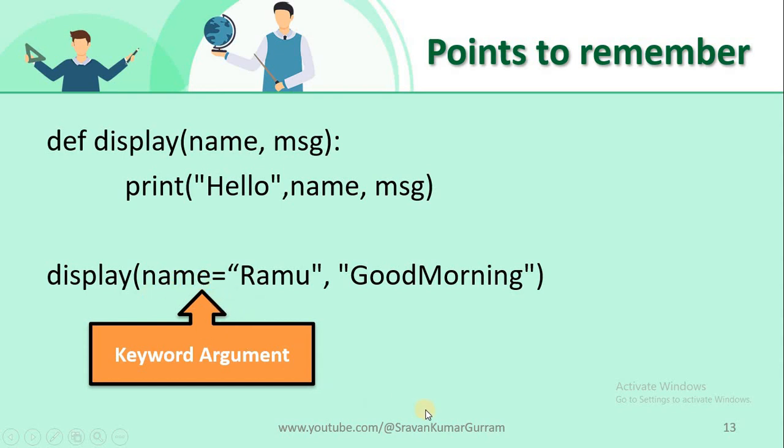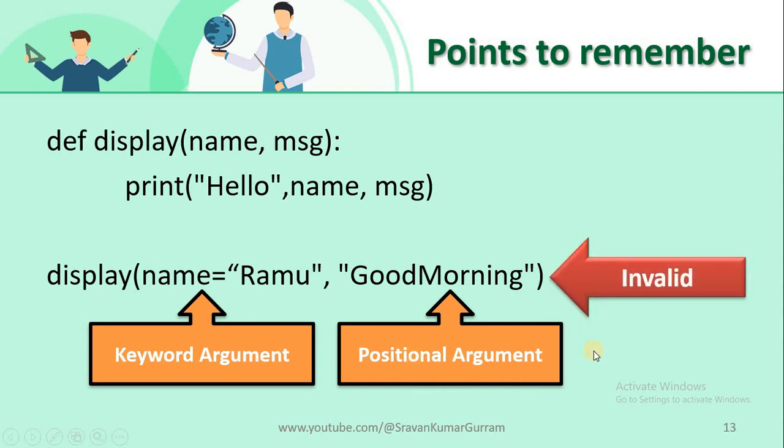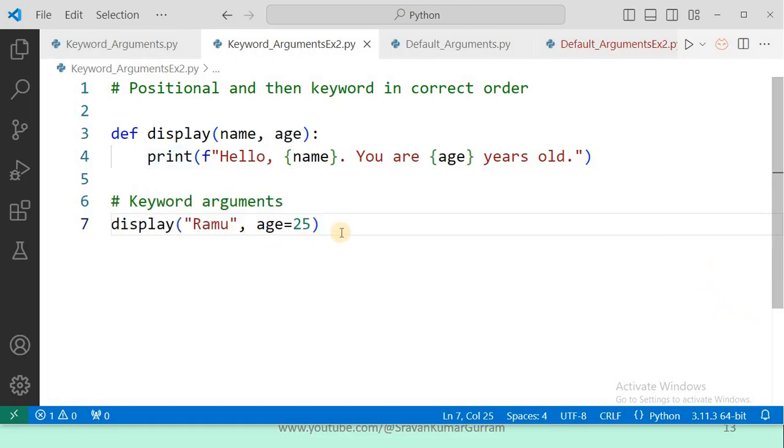So it is a keyword argument. Then if you write a positional argument, it is an invalid statement. Please remember, positional argument first, then keyword argument next. If you do not follow this sequence, that becomes an invalid statement, that raises an error. Here I am using two types of arguments in the function calling statement. First one is a positional argument. Second one is a keyword argument.